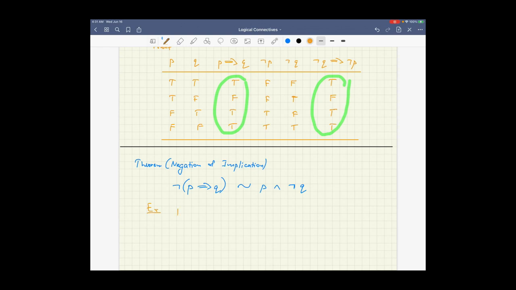Right, say let the statement P be that it rains. And say the statement Q be I will stay home.